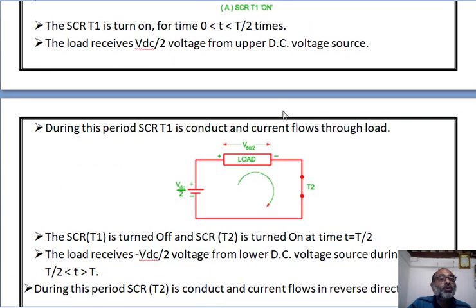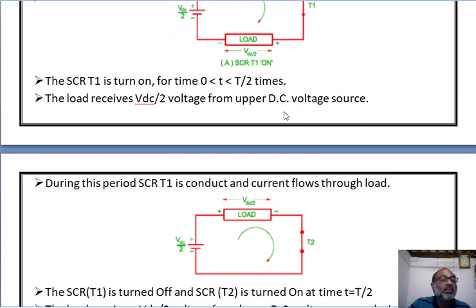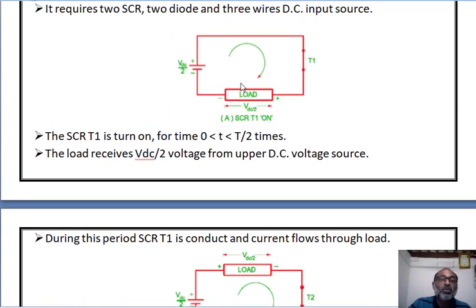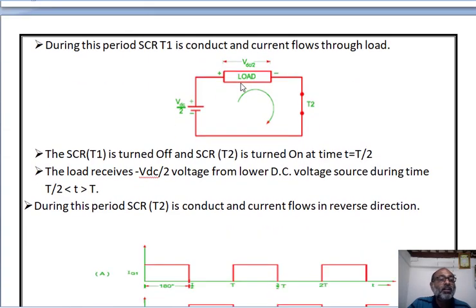While SCR T1 is conducting, the current flows in the load circuit. Similarly, after 180 degree, or after T by 2 time, SCR T1 is turned off and SCR T2 is turned on for the other time period T by 2.